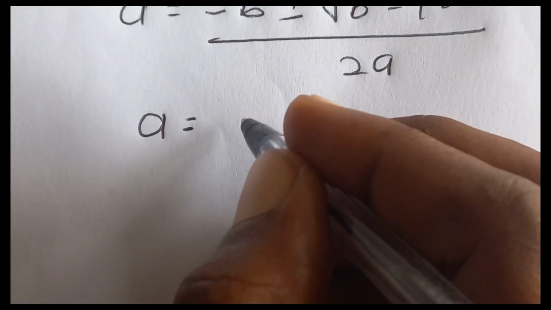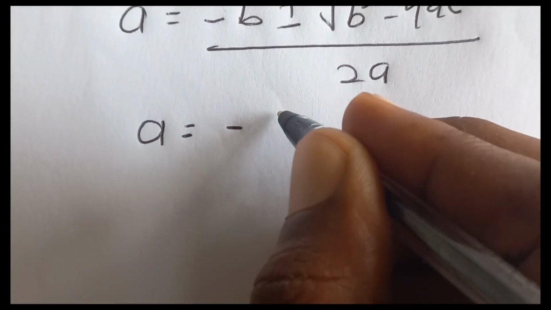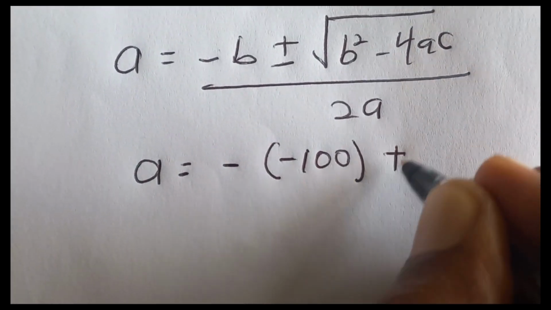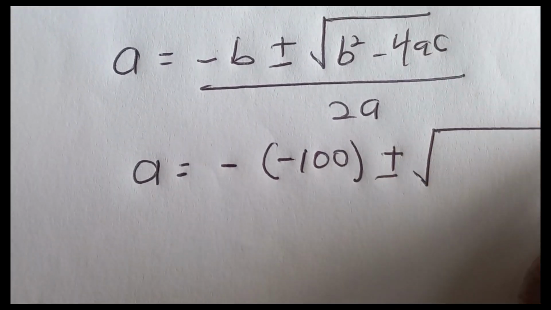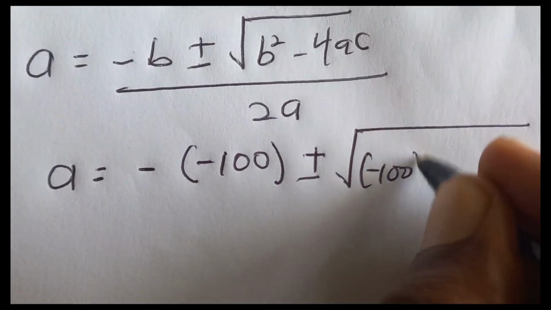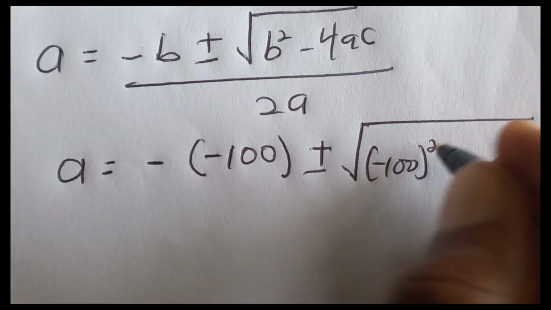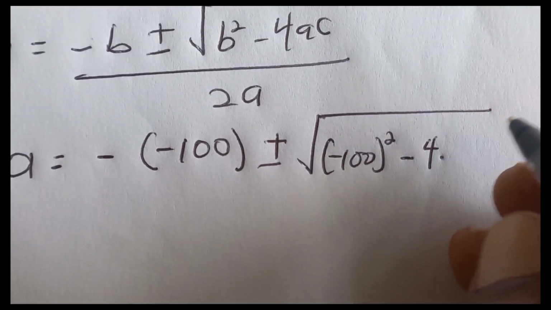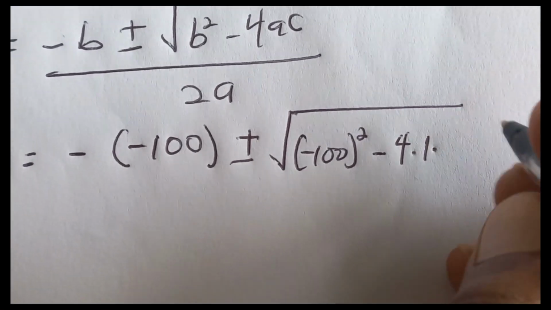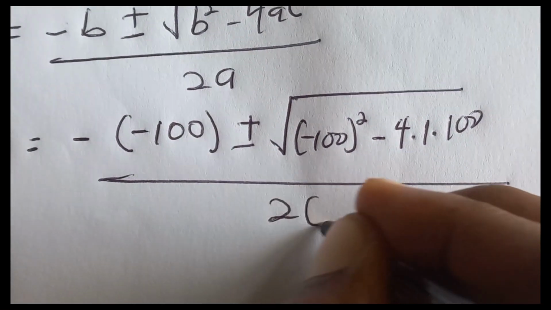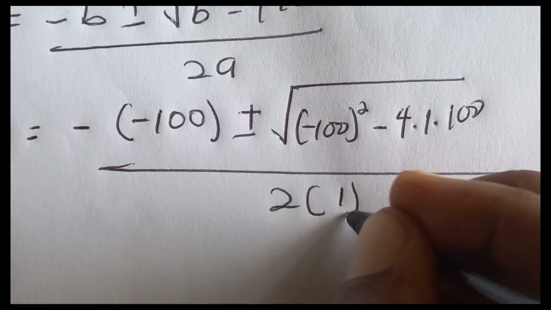Now we are going to get negative bracket negative 100 plus or minus root of negative 100 squared minus 4 times 1 multiplied by 100 and 2 bracket 1.